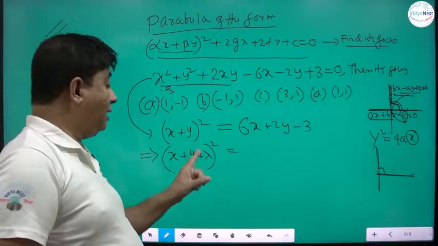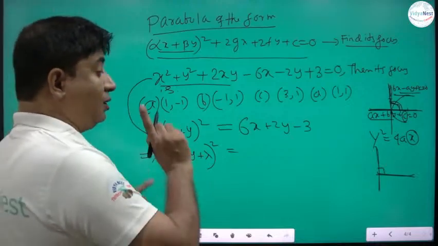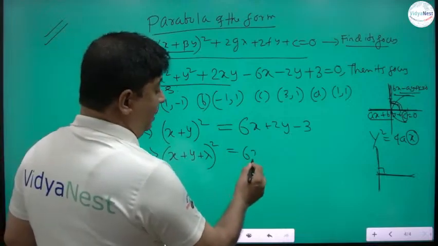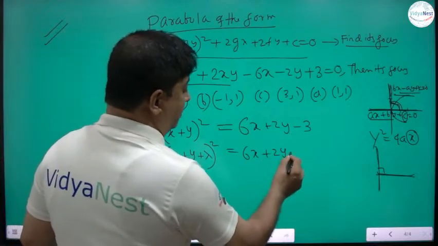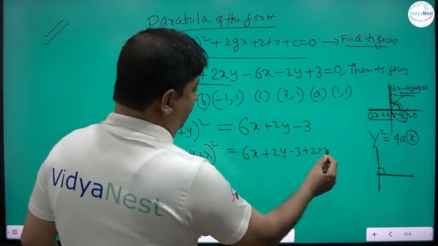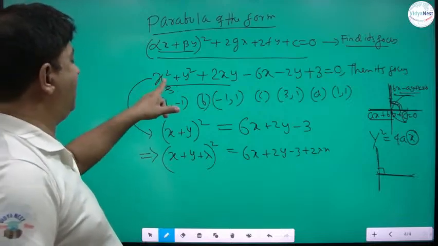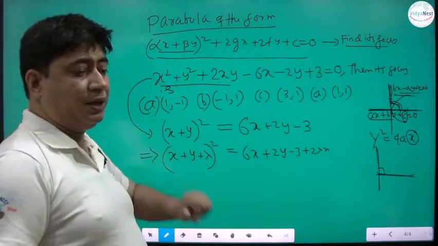See, I have inserted this lambda, which means some terms will actually be added to balance the equation. 2 lambda x I have added. Why? Because if I open this, I will get only x square plus y square plus 2xy.